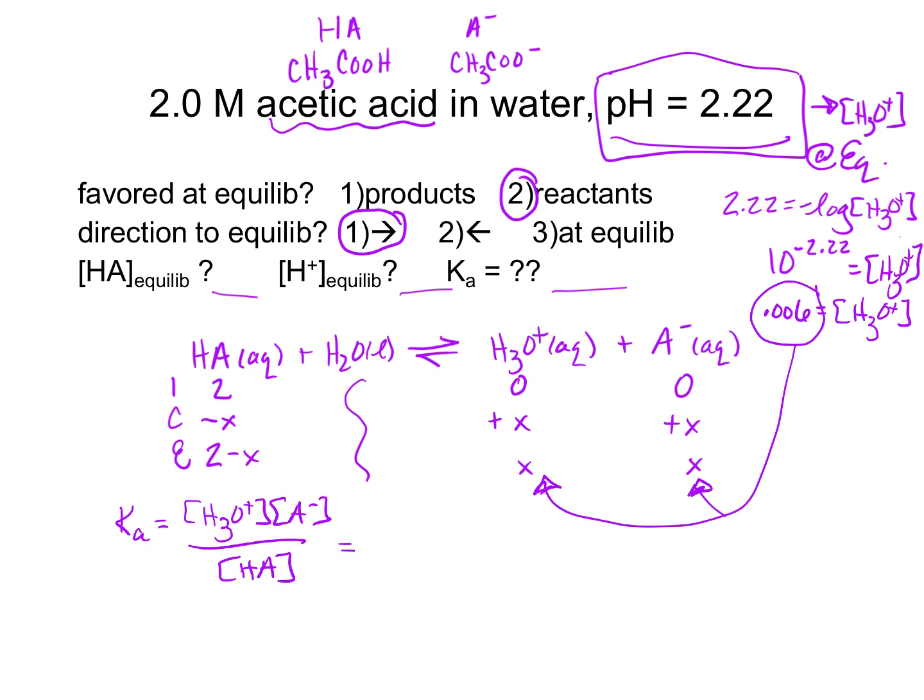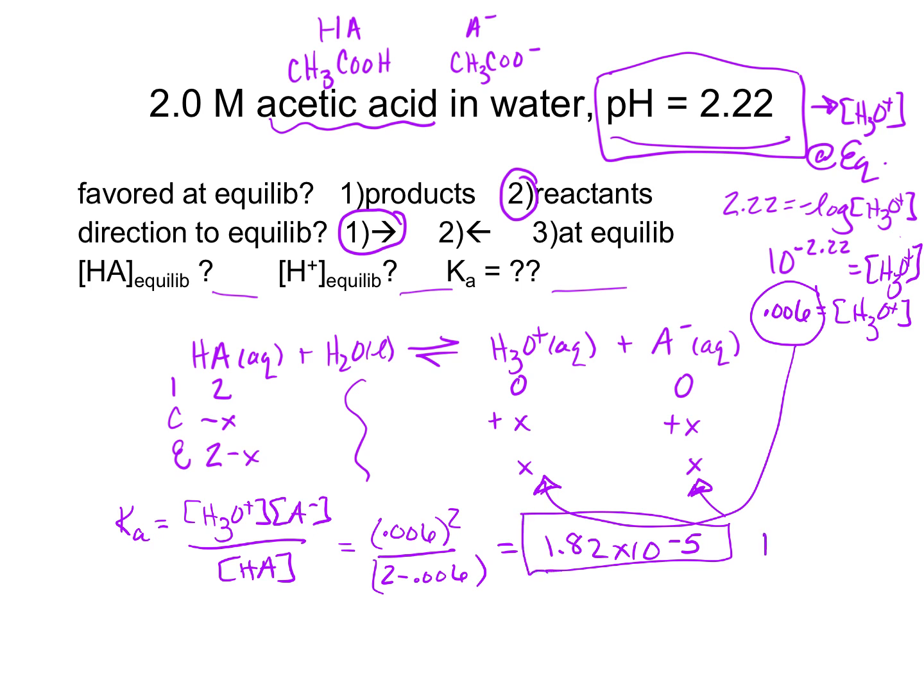So I'm going to substitute in my 0.006, and I have 2 minus 0.006. When I do this math out, I get 1.82 times 10 to the minus 5. This is my Ka value. That is a K less than 1, so my reactants are favored.